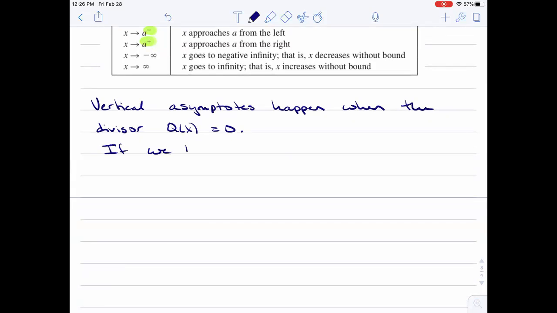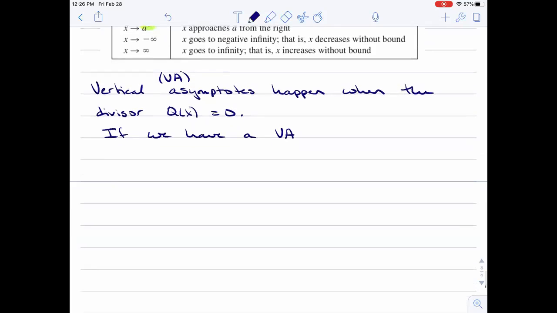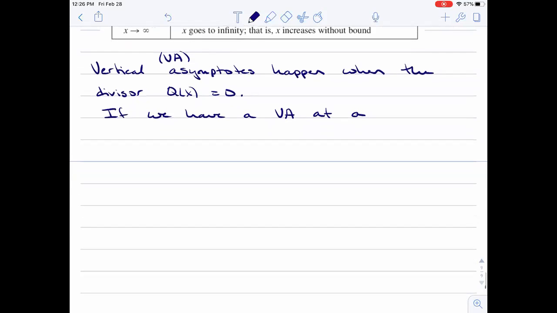if we have a vertical asymptote, which I'm just going to write VA, usually we just abbreviate to VA, a vertical asymptote at A, at some value A, like we've been seeing in those examples or the illustrations.